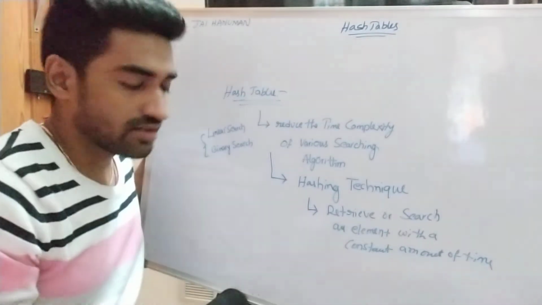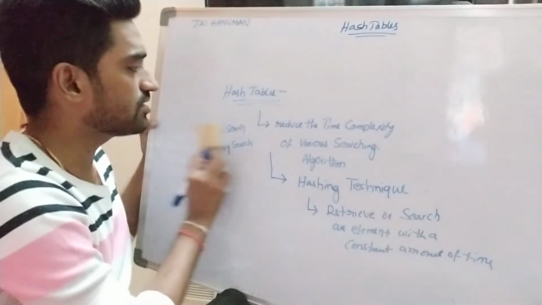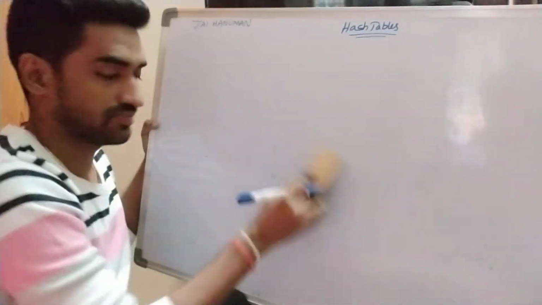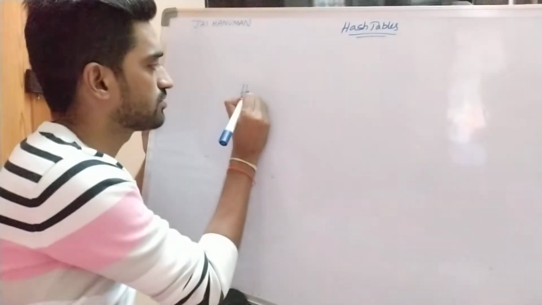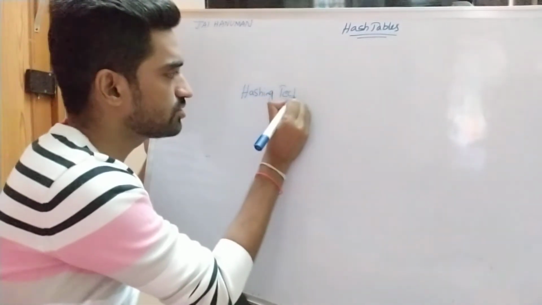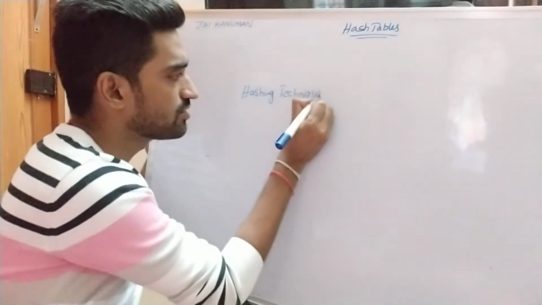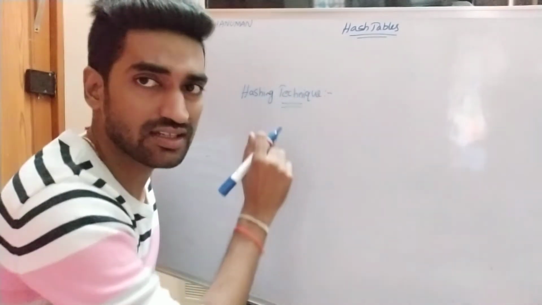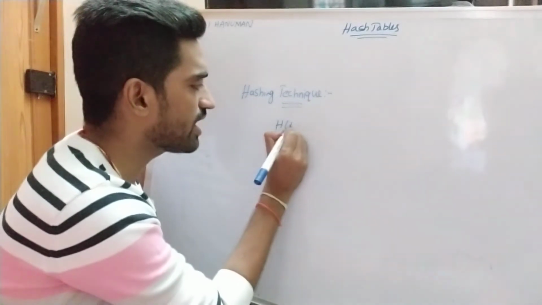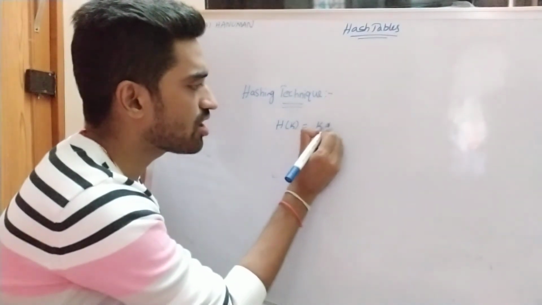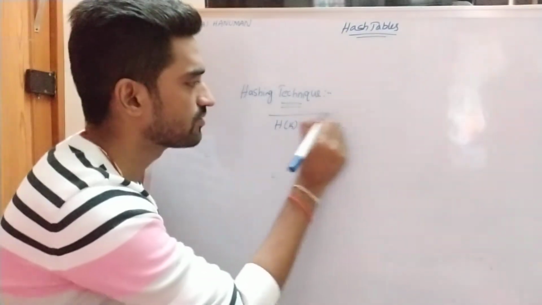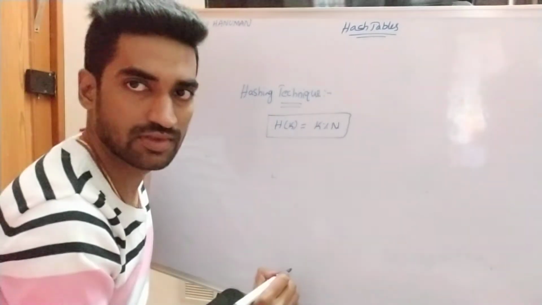For that purpose, the hashing technique uses one formula for retrieving or searching an element with a constant amount of time. That formula is h(k) = k mod n.